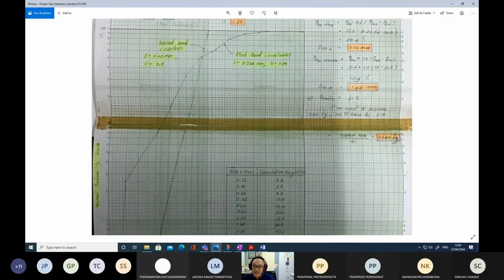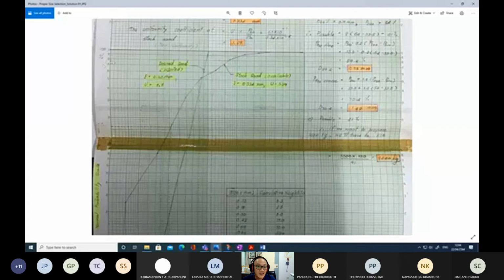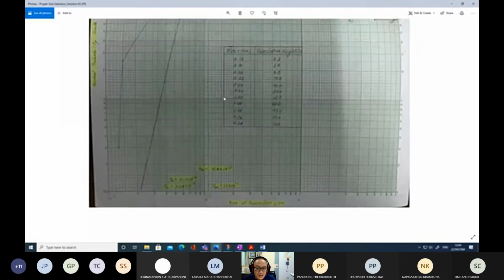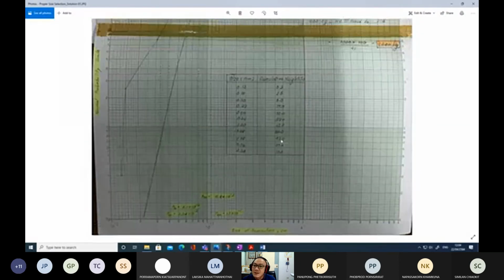You can estimate the P2 cost according to the relationship that I have just explained, and it falls at 70-something percentage. Then what will be the size?